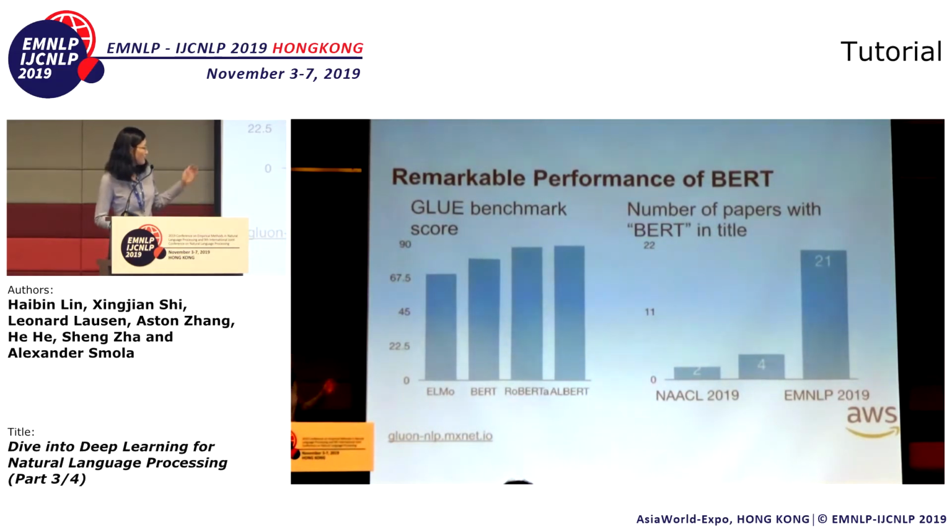Following BERT, we have RoBERTa and ALBERT, which are variations of BERT that further improved performance. We also see an increasing number of papers analyzing BERT or fine-tuning BERT for various tasks.